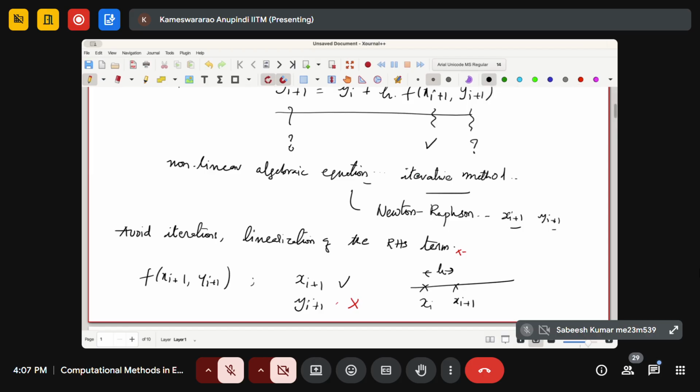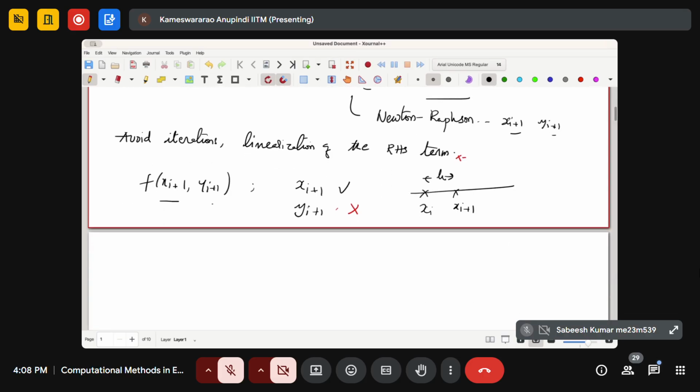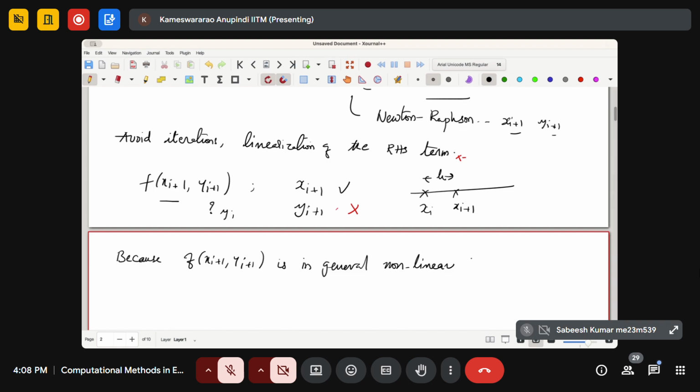So we have to now linearize this f of x_{i+1}, y_{i+1}, not about x_{i+1}, rather about y_i, because f of x_{i+1}, y_{i+1} is in general nonlinear.